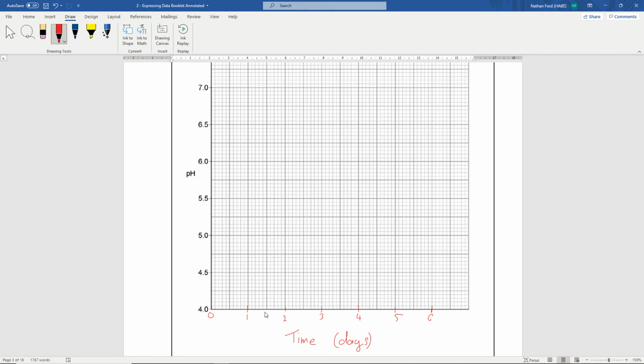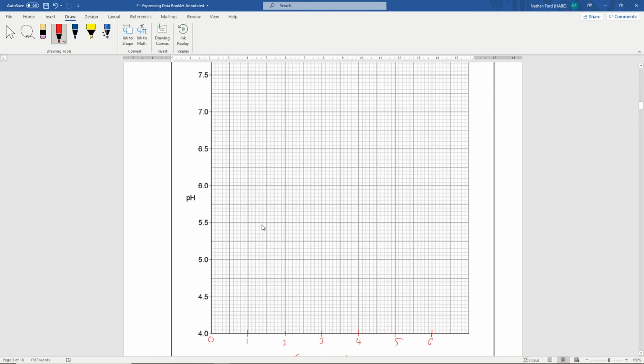Okay, plotting. So this is like you've done before. Now, previously it says on 0 days, it is 7 pH. So on 0, and I go up, I can use a ruler, 7. Now, I always put a cross. The reason is if students start putting a circle, it gets less effective.